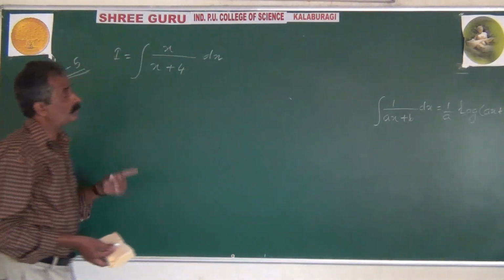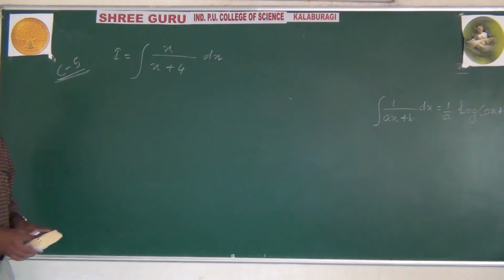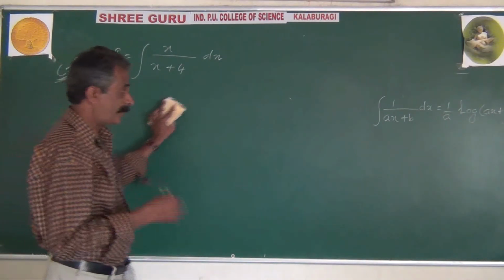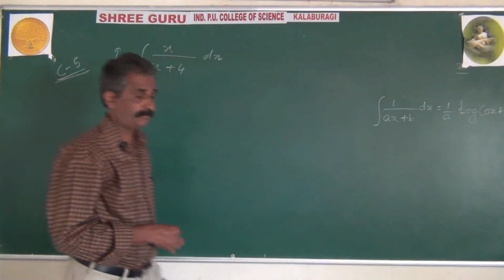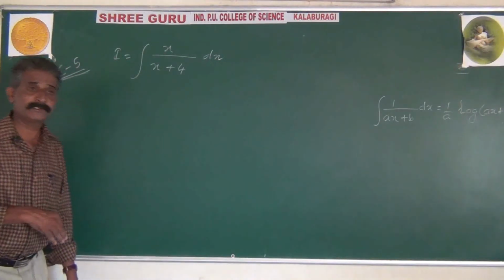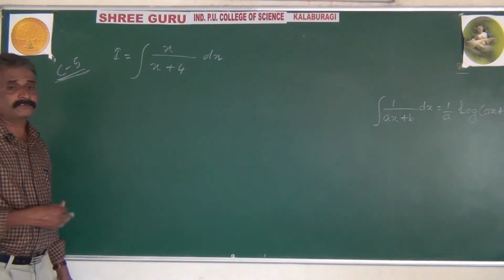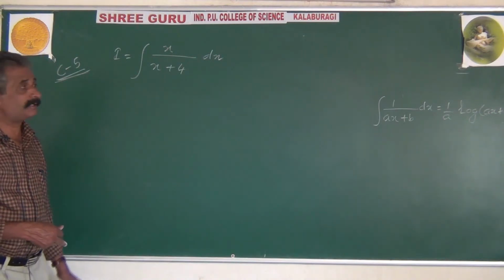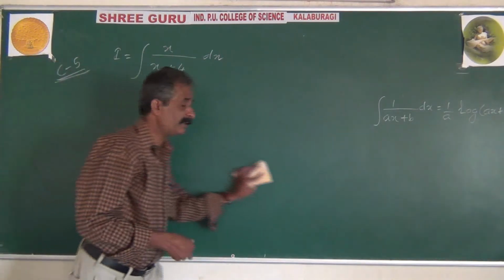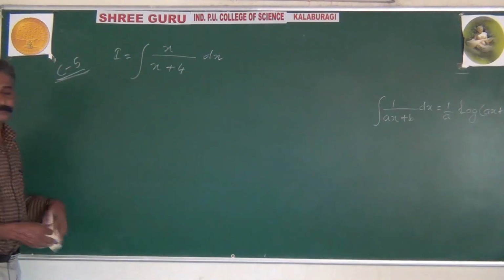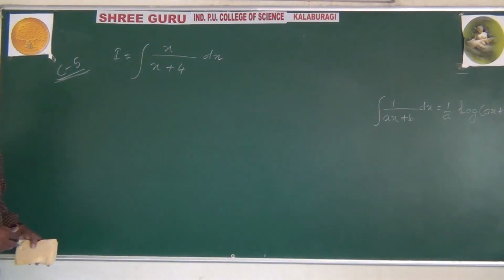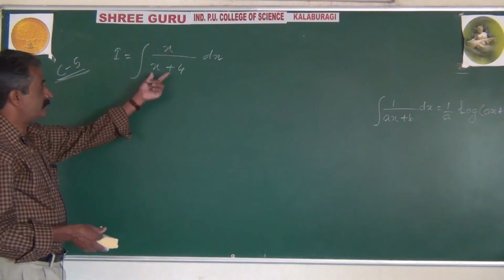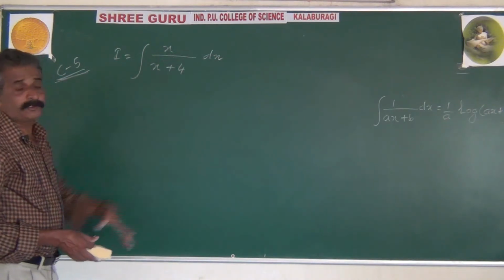Variables can never be kept outside the integration or differentiation. You know it. Only constants can be kept outside, but not variables. If that kind of provision were there, calculus would complete in a fraction of minutes. So we shall get the term x plus 4 in the numerator.